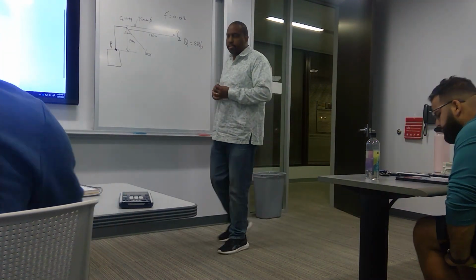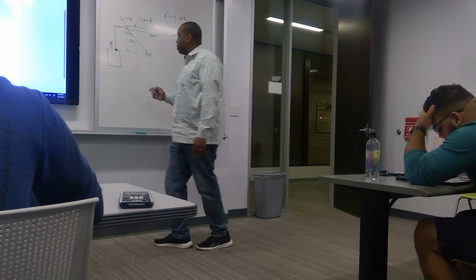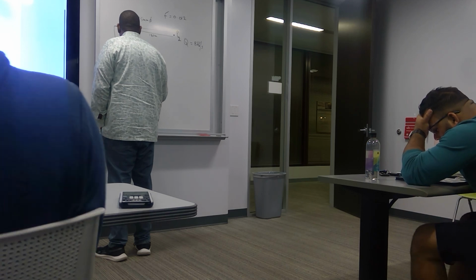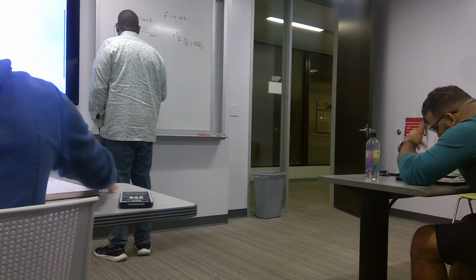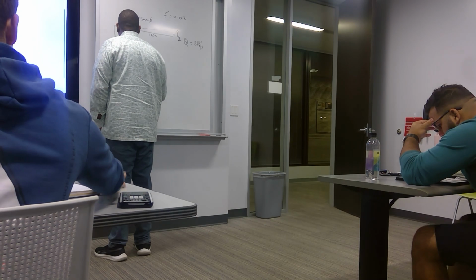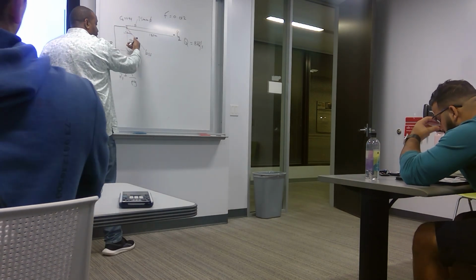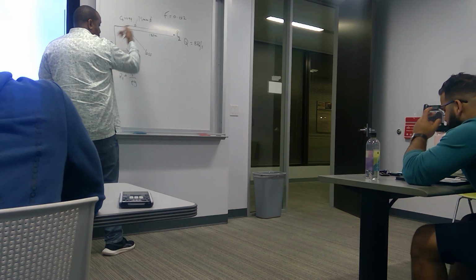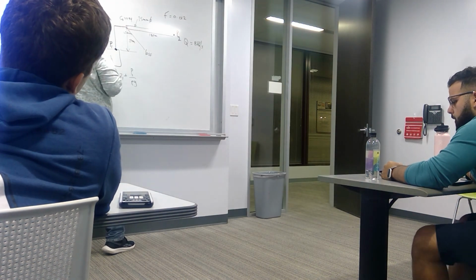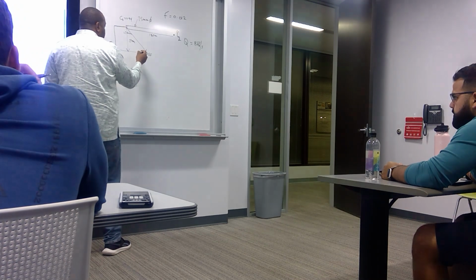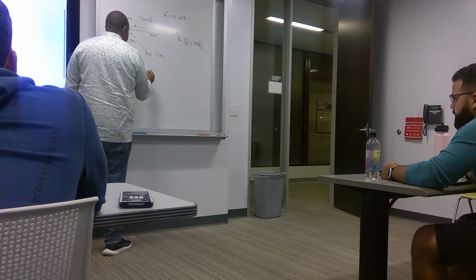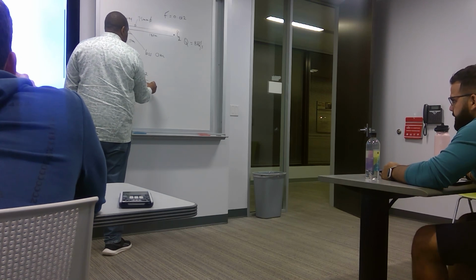So now we can say our Z1 plus P1 over ρg. This would be positive, because it's above, it's in our datum. Then V1 squared over 2g.